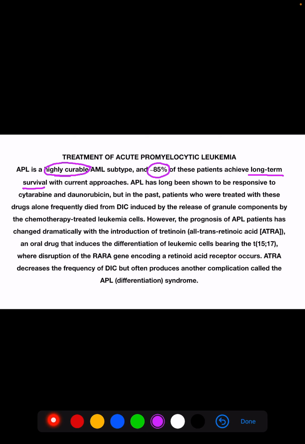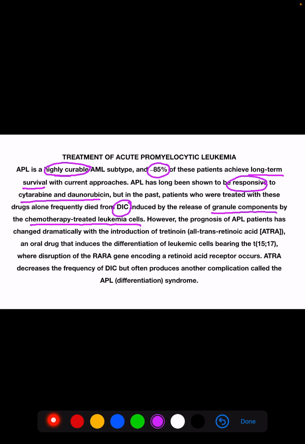But in the past, patients treated with cytarabine and daunorubicin died frequently from DIC because of the release of the granule components by the chemotherapy-treated leukemia cells, and the patient developed DIC and died.